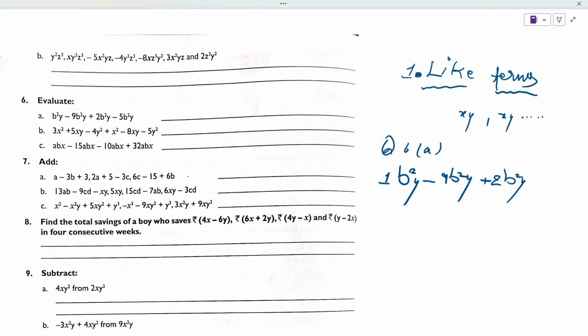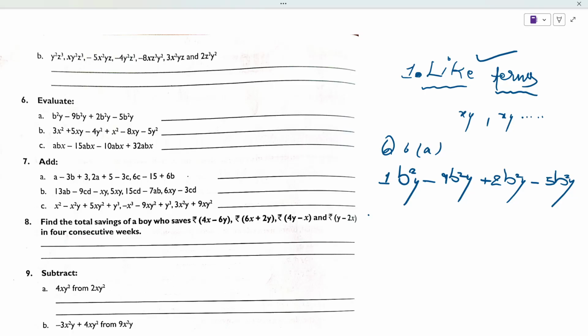And the good part is that, bringing your attention to the variable portion, it is b square y, b square y, b square y, b square y. So all are like terms. That is the good part in this question.